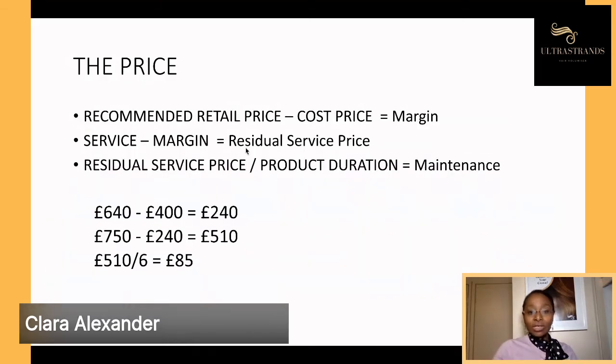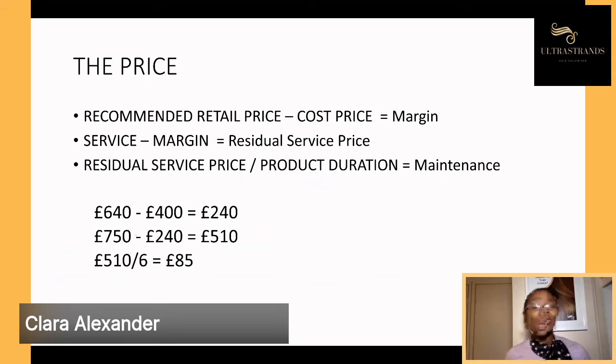So your residual service price is the service, which is what we've calculated before, minus your margin, which is the recommended retail price minus your cost price, okay? And then your residual service price divided by your product duration equals your monthly maintenance, okay? So this is where it gets really, really funky.